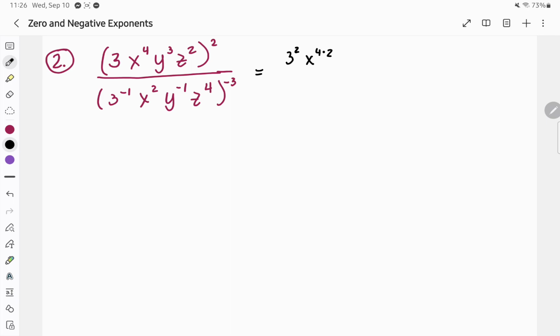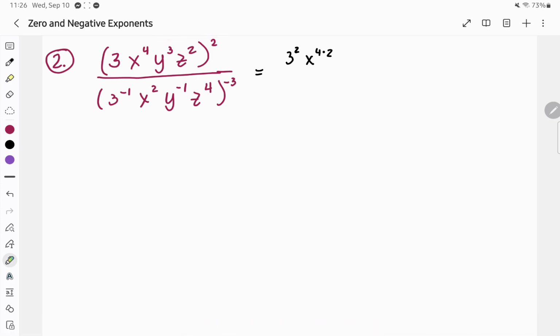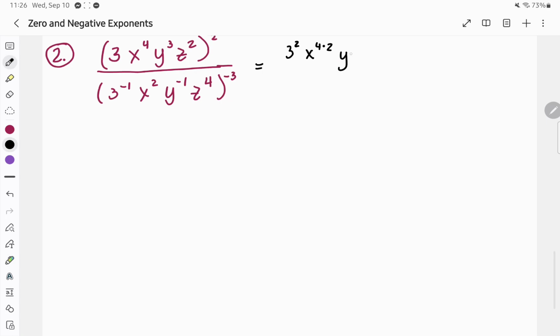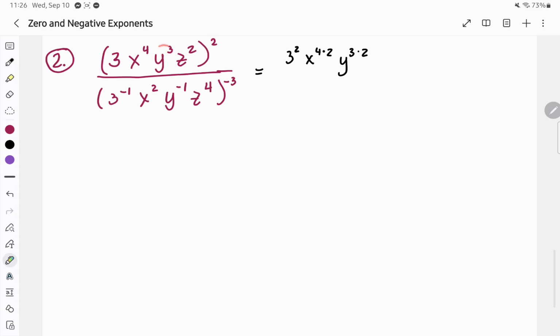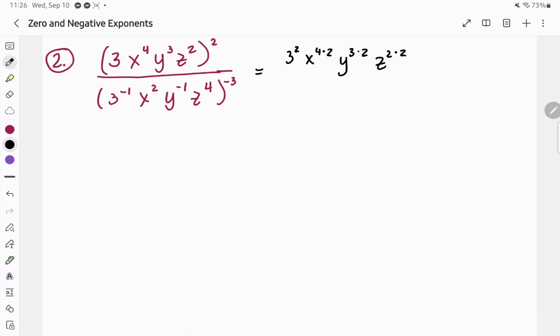Diretso na natin sa power rule, kasi kung naalala nyo, kapag ni-raise natin ito, magiging multiplication yun. So, that will be 4 times 2. Then, y raised to 3 times 2. Ito ay galing naman dito. Then, lastly, z raised to 2 times 2, since z raised to 2 raised to 2 again.